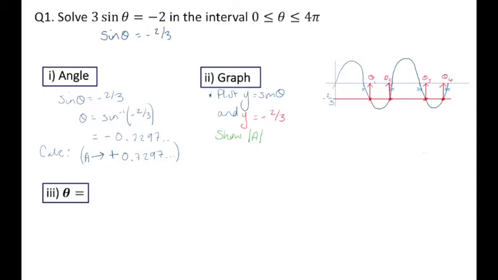So if we extended the sine graph down back the way, your calculator's just saying, well, I'm going to give this solution here. So the line would intersect like that, and it's giving you this value here, which is minus 0.7297.